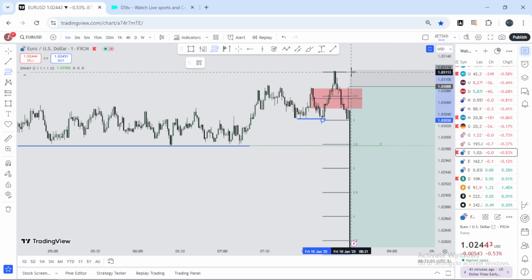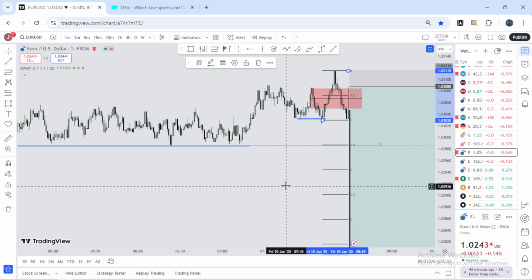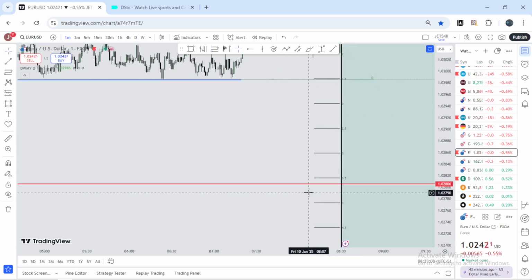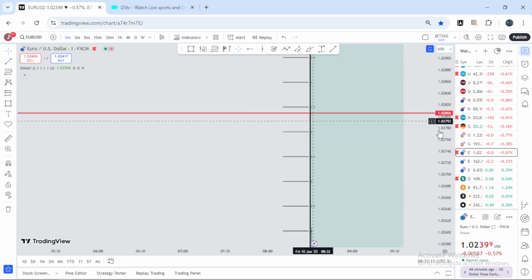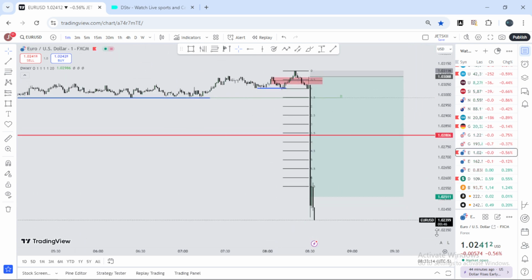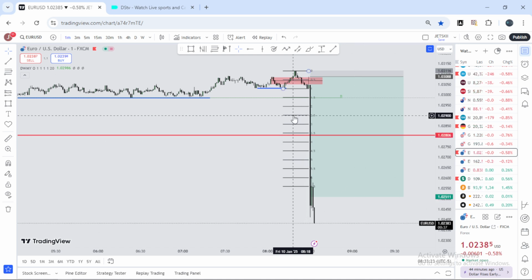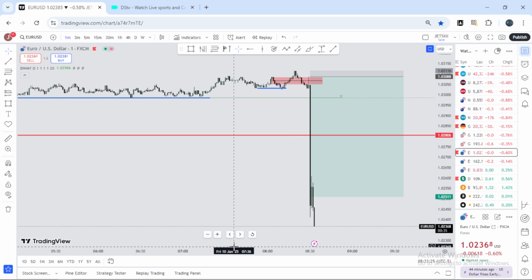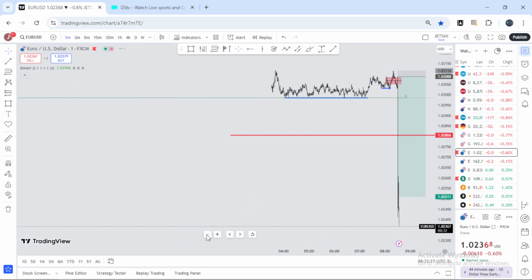So how can we see how far it can go? It's easy. We can take the Fibonacci. Most of the time, if we're looking for this low, we can use the standard deviation of 4, right? Even though it's still pushing to the downside, the most logical area was around here, right? So I hope you understand that one.